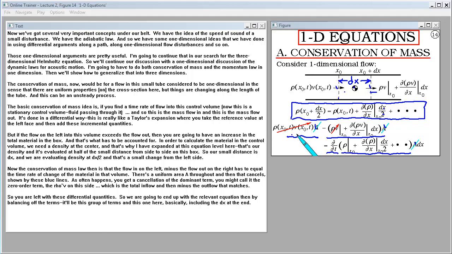You might call it the zero order term, the rho v on this side, which was a total inflow, and then minus the outflow that matches. So you're left with these differential quantities. So we're going to end up with a relevant equation by balancing off the terms. It'll be this group of terms and this one here basically, including the dx at the end.